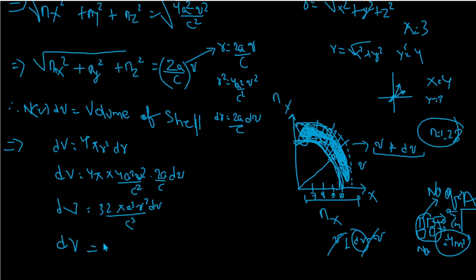It means this will become 4 pi a cube mu square d mu divided by c cube. So this is the total number of the standing waves. How? This is a volume. What I've written here is that the volume of the shell is equal to the total number of the standing waves. And why total number of standing waves?